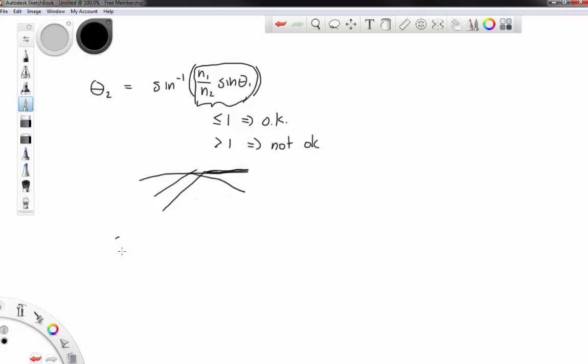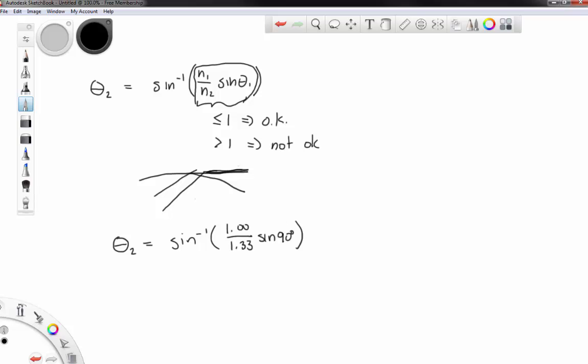So that critical angle, again, we're doing this for water, is going to be sine inverse of 1.00 divided by 1.33 times the sine of 90 degrees.